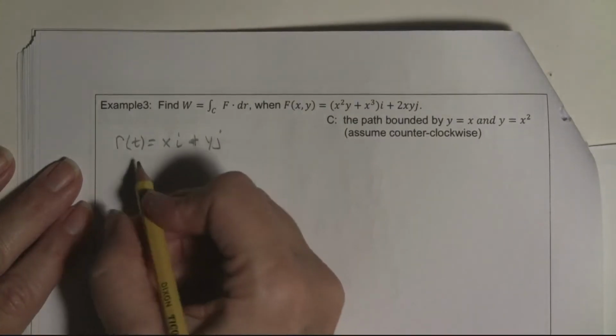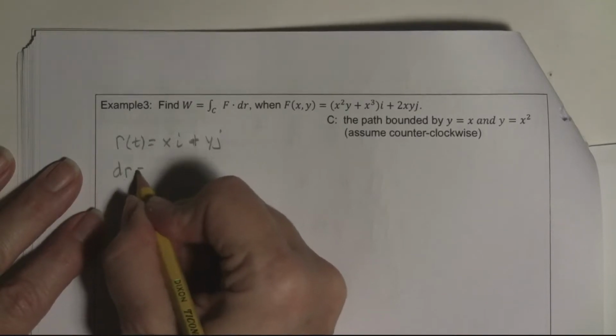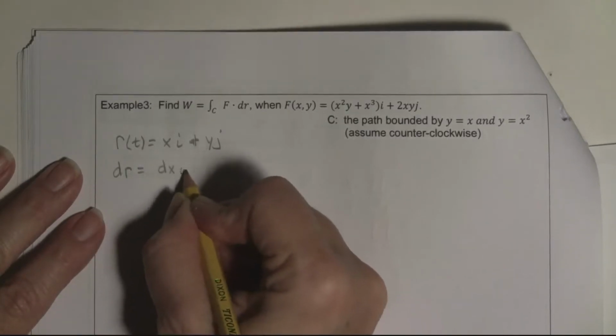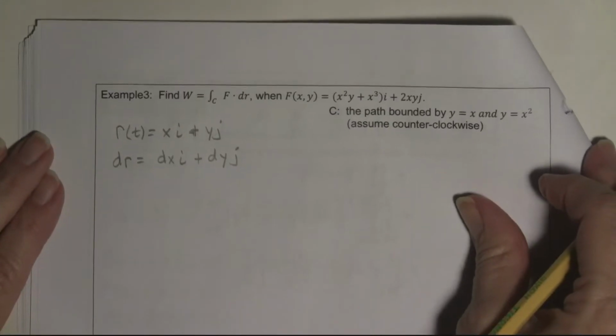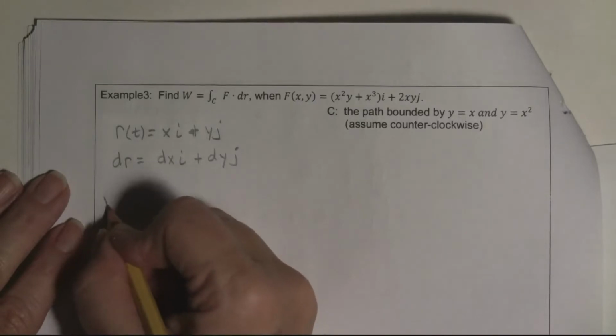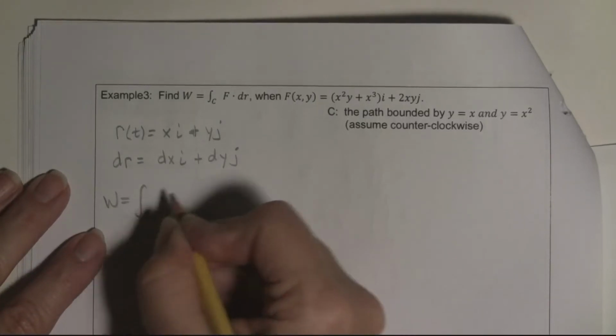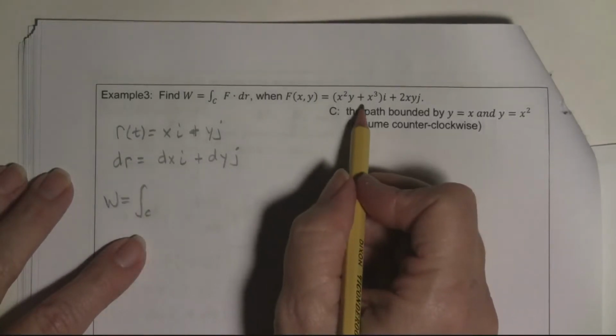And then if you take the derivative, dr equals dx i plus dy j. And then this work here, we got our vector field right here.